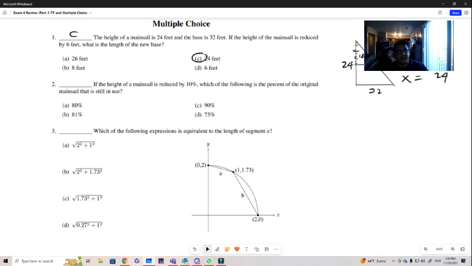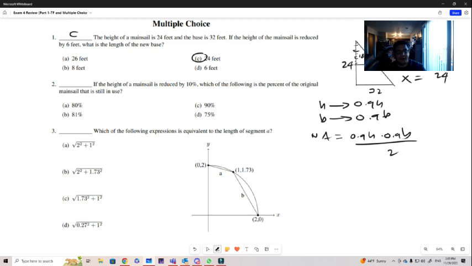Now, if the mainsail in this scenario is being reduced, the area is being reduced by 10%. So in general, the height is being reduced 10%, and the base is being reduced 10% as well. So now we get 90% of the original height, 90% of the original base. So the new area of the sail is just going to be 0.9 height times 0.9 base divided by 2.